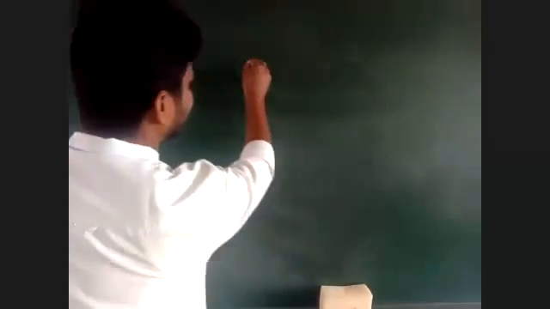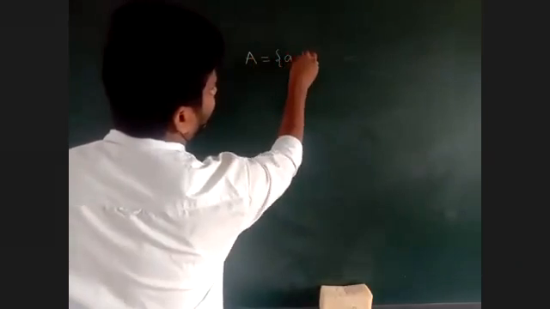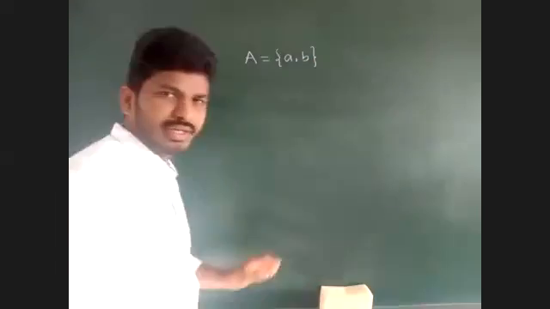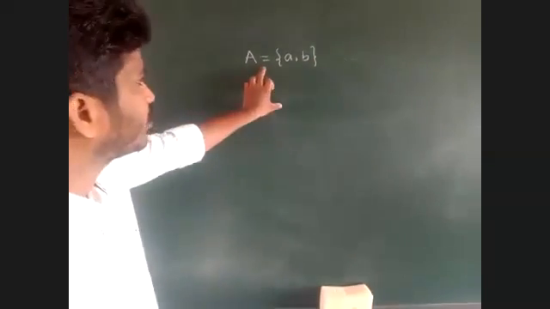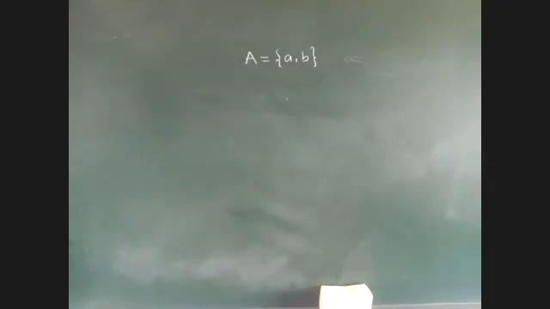So let us take one example. Set A equal to {a, b}. So here, given that set A equal to {a, b}, how many subsets are there? 4, sir. 4 subsets.